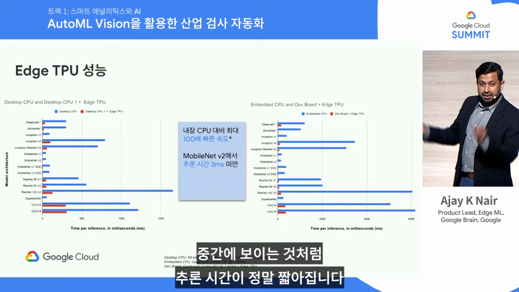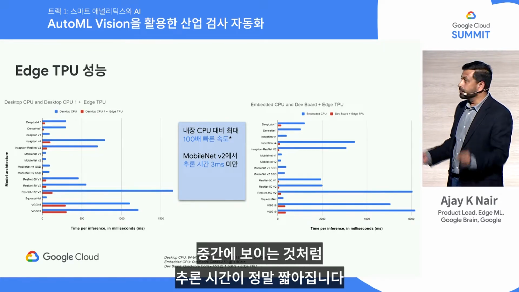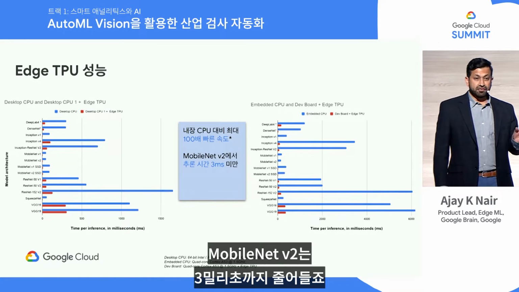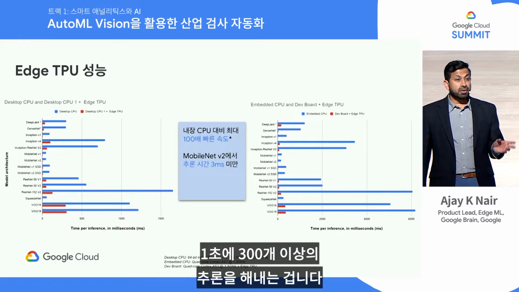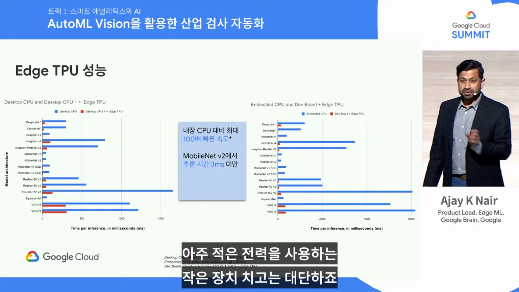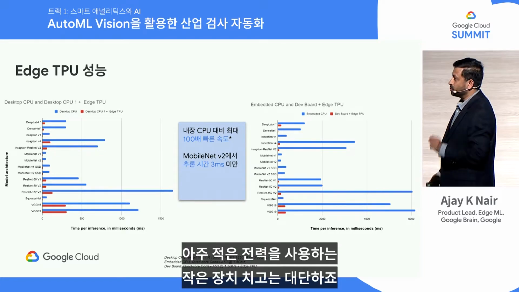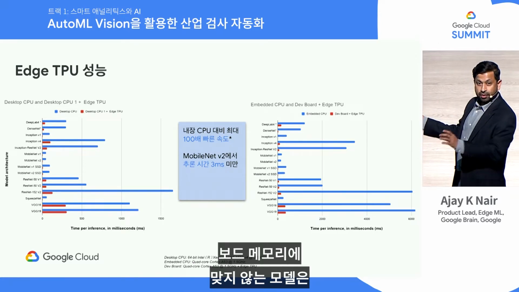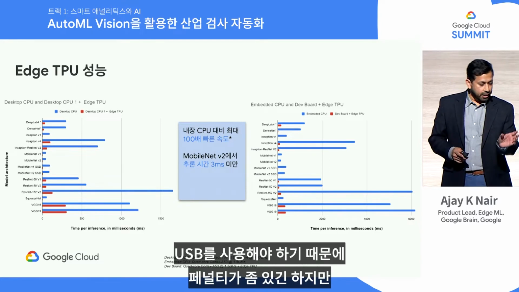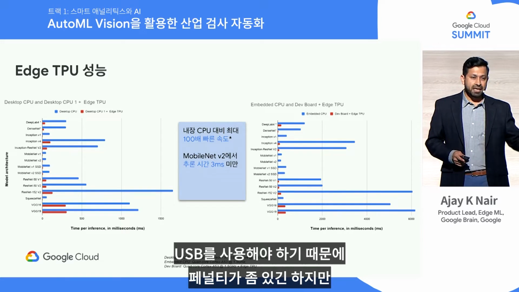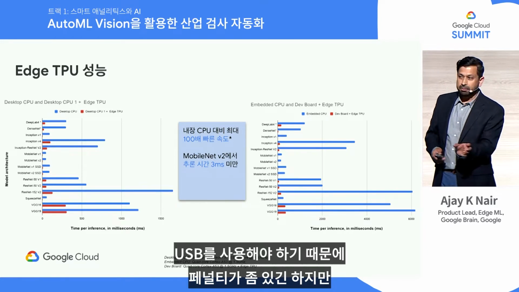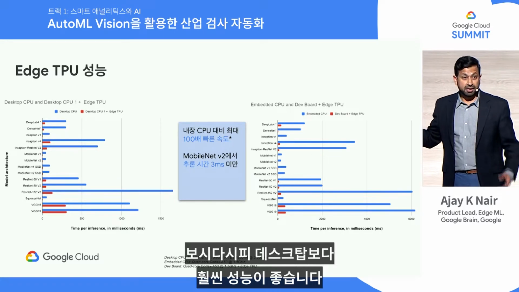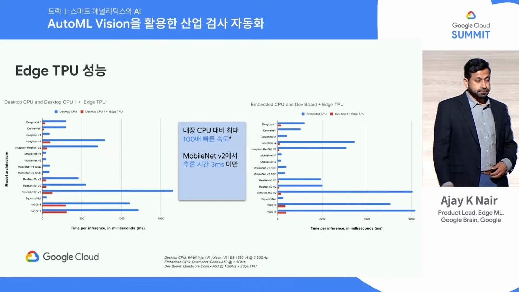You can see that it's really small inference time, up to 3 milliseconds for a MobileNet V2, which equals about 300 plus inferences per second, which is great for a tiny device that consumes so little power. For models that don't fit on the onboard memory, there is some I/O penalty that you pay on going back through USB to fetch the remaining part of the model. But as you can see, still it is much better than running it on a really powerful desktop CPU even.